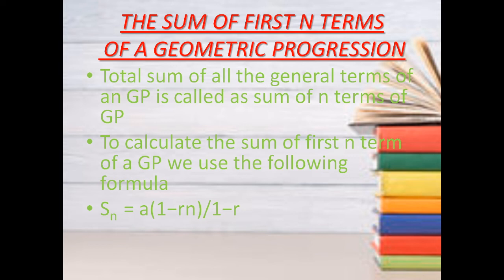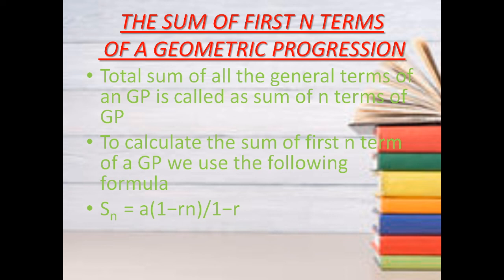The total sum of all the general terms of a geometric progression is called the sum of n terms of a geometric progression. As we understood in the arithmetic progression, similarly the sum of all the general terms in a geometric progression is called the sum of n terms. If we take the general terms as A, AR, AR square, AR cube, therefore the sum of n terms is A plus AR plus AR square plus AR cube and so on.